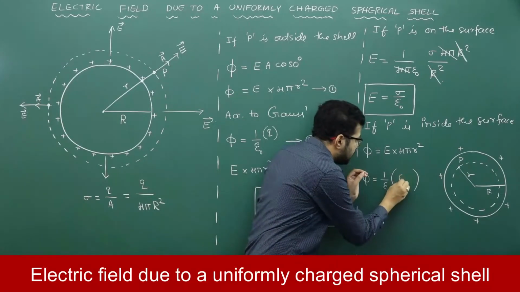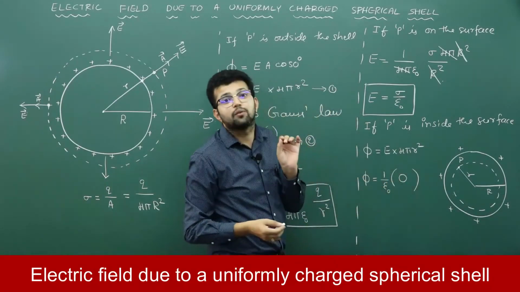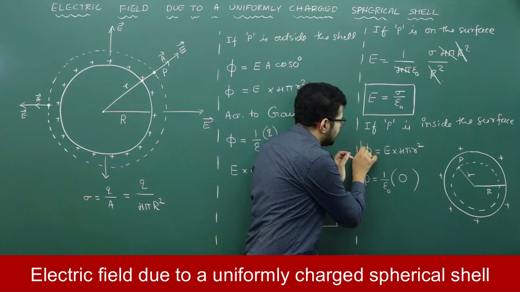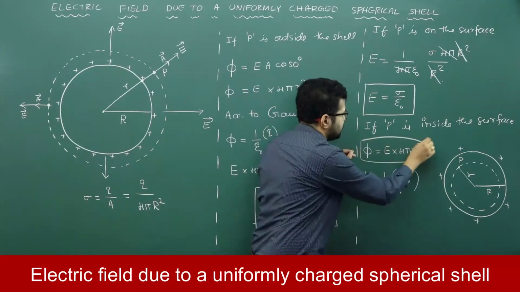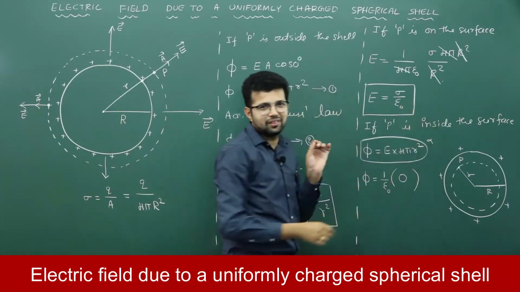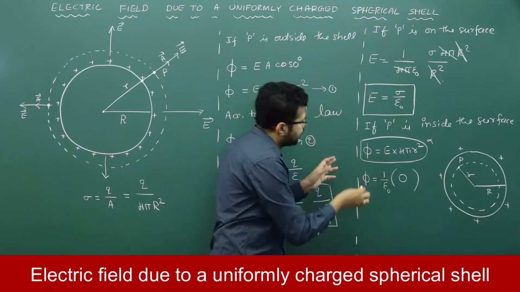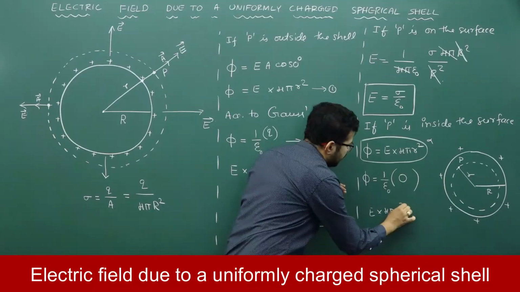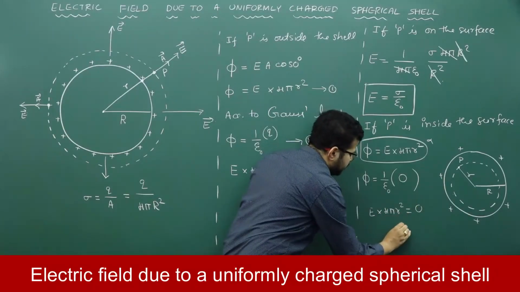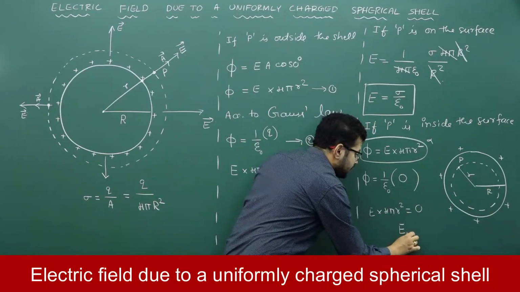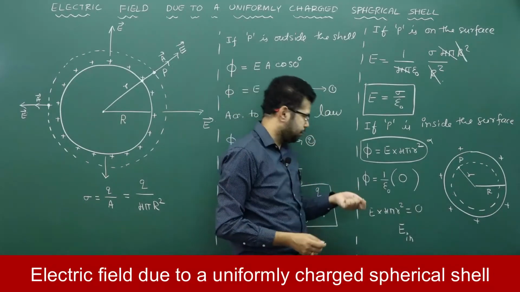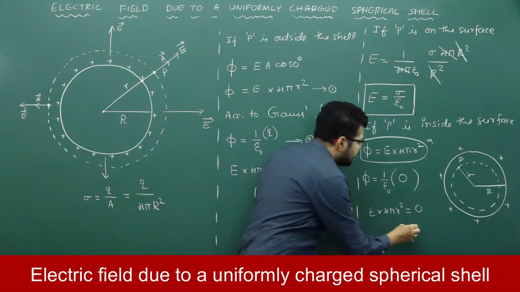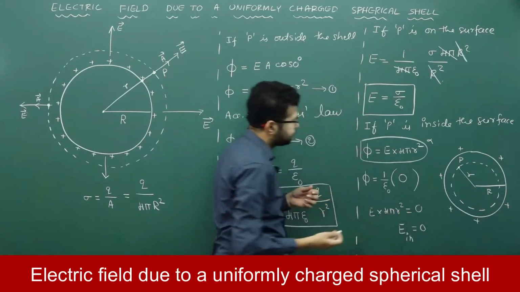Charge enclosed by the Gaussian surface is 0. What does it mean? Actually, the statement that we have made here is wrong. Now, if you equate the two, E into 4 pi r square is equal to 0. What does it mean? If you consider a point inside the spherical shell, electric field is 0.